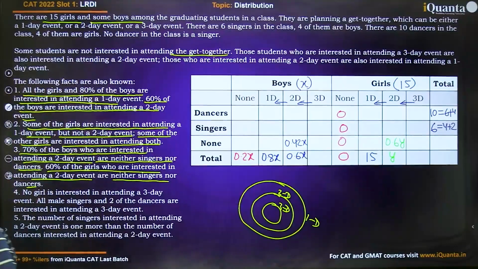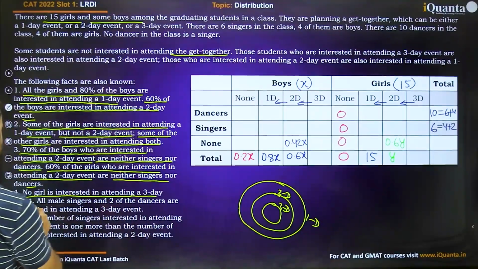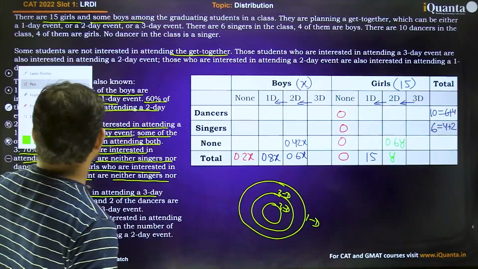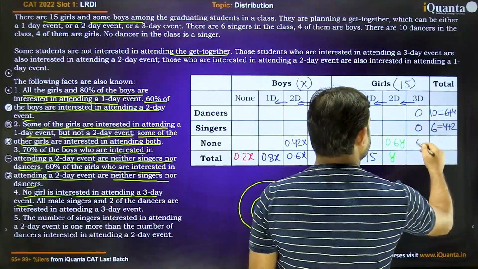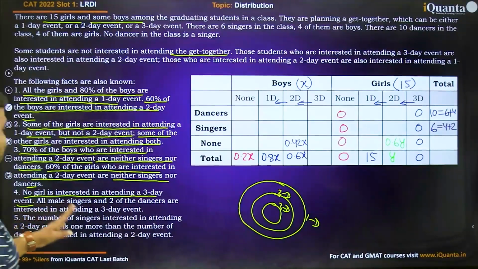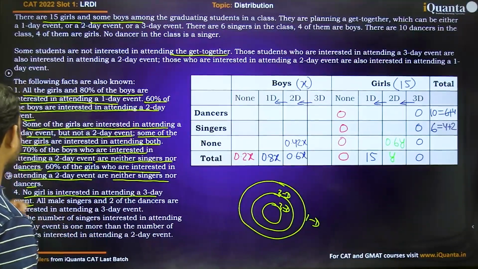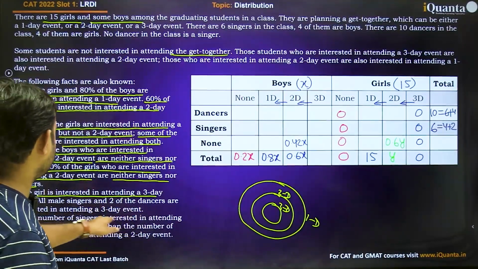Right? Next it says no girl is interested in attending a 3-day event. So this makes it very easy to put these values. All of these values are 0. All male singers and 2 of the dancers are interested in attending a 3-day event.